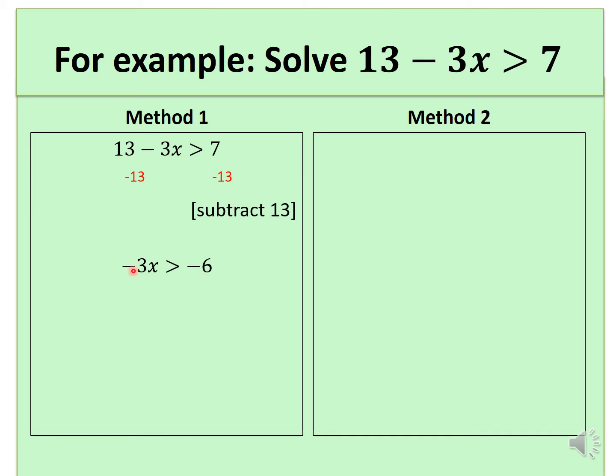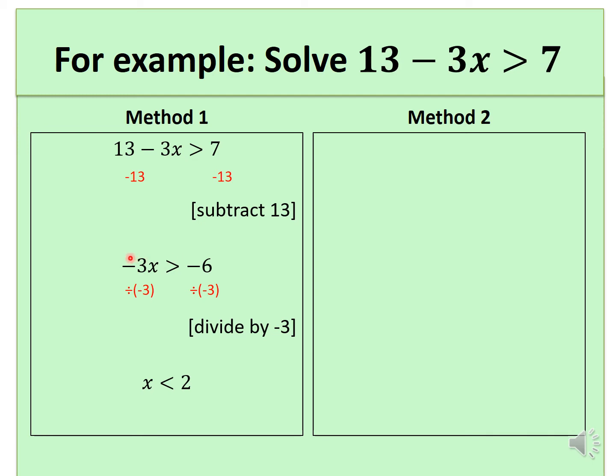And then you have to get rid of minus 3. So minus 3 is timesing x. We have to divide it. So it's going to be divided by minus 3 both sides. And that is the point you have to learn. This is something new, which is when you have an inequality and you divide both sides of the inequality by a negative number, the inequality flips like that.